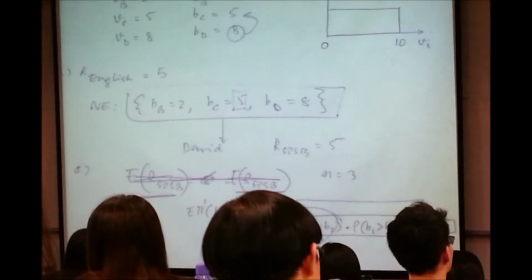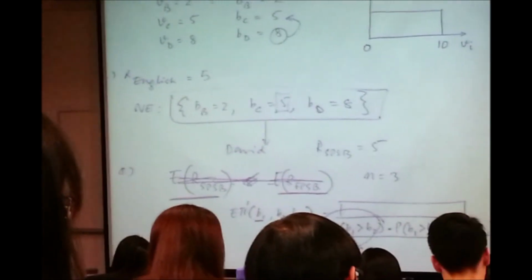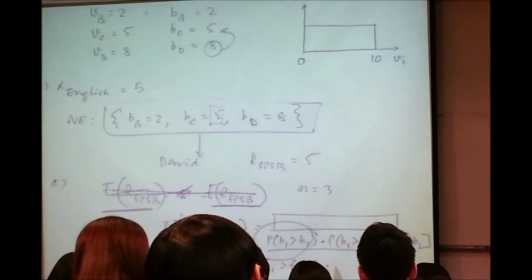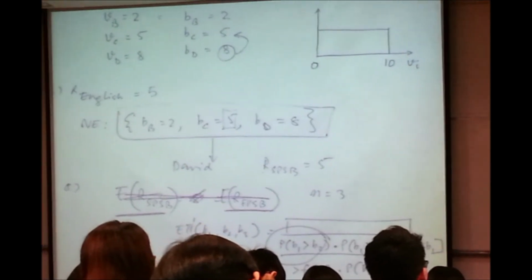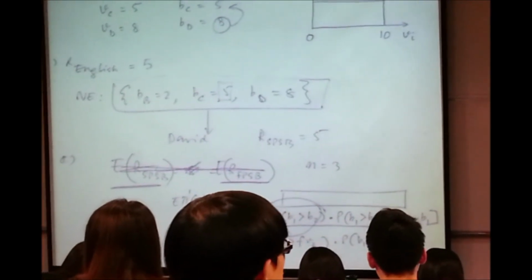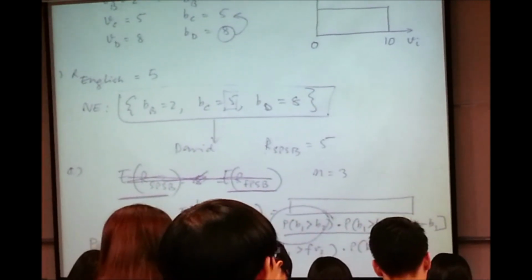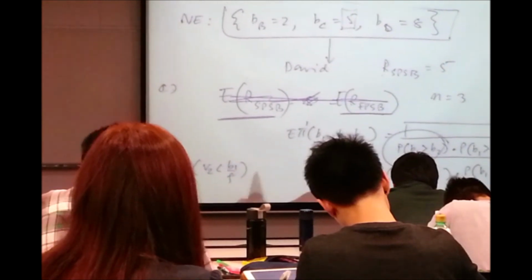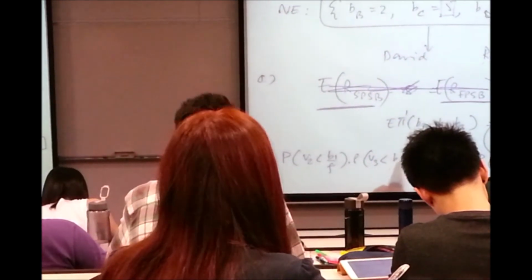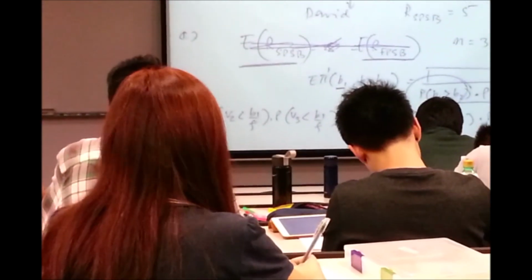You always assume bidders are bidding a linear fraction of their values, so the probability that B1 is greater than F times V2 becomes the probability that V2 is less than B1 over F, and likewise for V3. Okay, you know this by now.